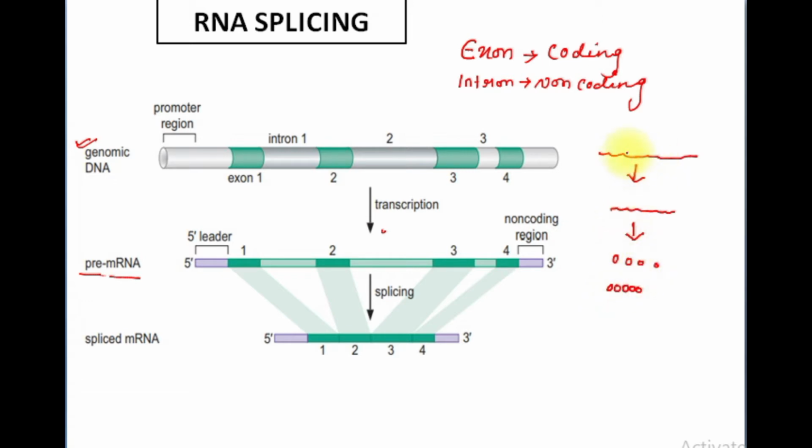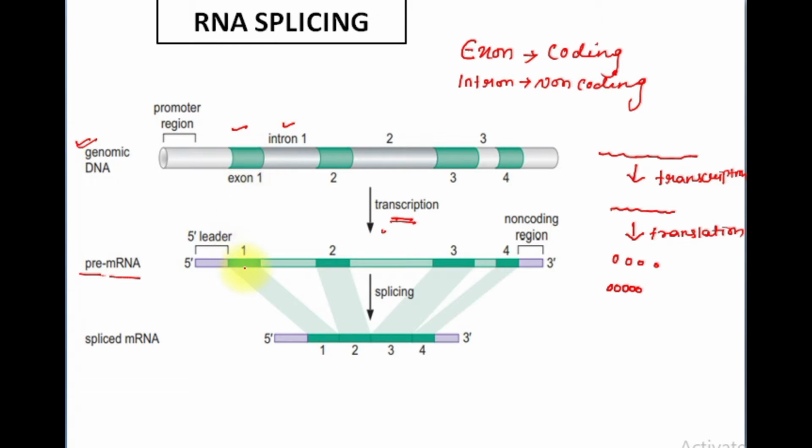The formation of RNA from DNA is by the process of transcription, and the formation of proteins is by translation. When transcription is taking place, both the exons as well as the introns are being transcribed. There are various types of introns as well as exons.